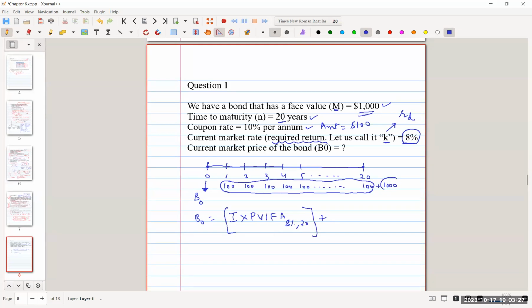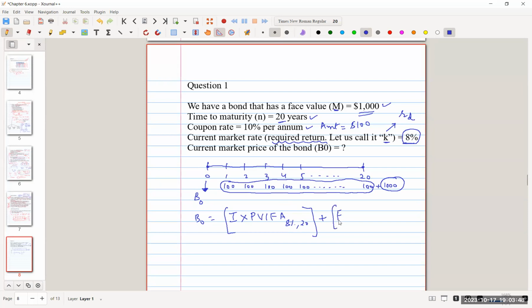The second component is this one single item. Since we are just writing a formula, let's not write the value at the moment. Let's call it M or call it face value, whatever you like.